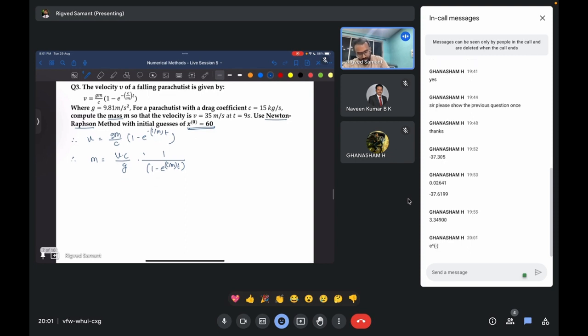The exponential is there, negative. So now I'll just put the values here. That's it.